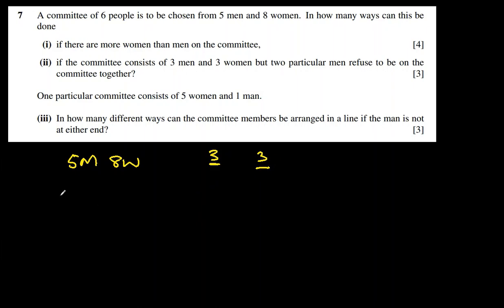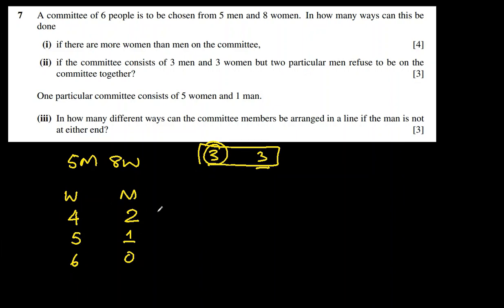So 4 women and 2 men will do, 5 women and 1 man will do, then 6, all of them women and no man. So 3 and 3 was equal, so we increased the women to 4, 5 and 6.